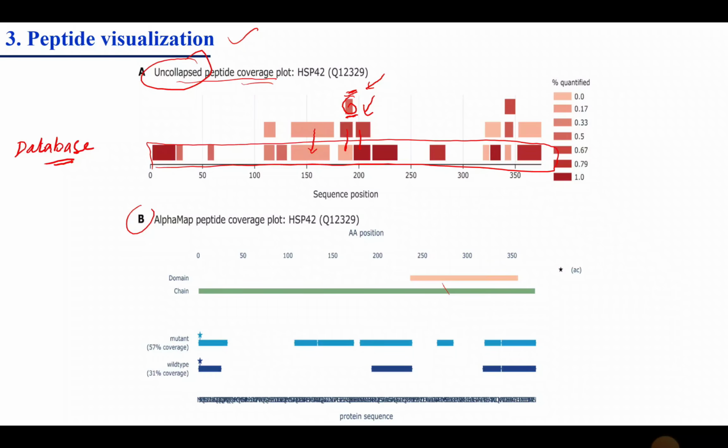Uncollapsed peptide coverage plot can also help us to know which part or which fragment is being accumulated many times. So another way is through this collapsed peptide coverage plot.